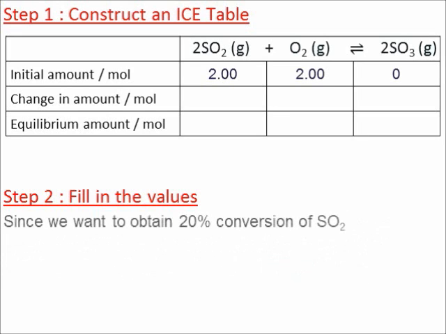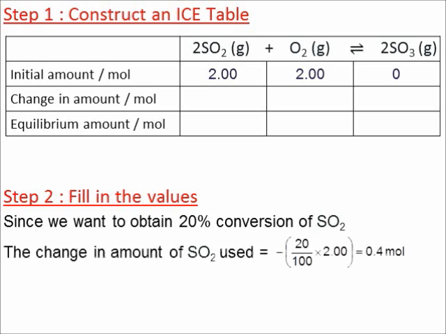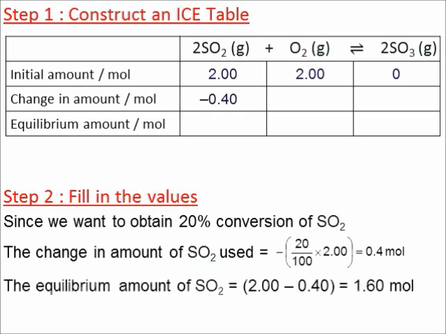The question says to obtain 20% conversion of sulfur dioxide. 20% of the initial amount of sulfur dioxide is 0.4 moles. This means 0.4 moles must be used up at equilibrium, and that there must be a change of minus 0.4 moles. The amount of sulfur dioxide at equilibrium is therefore 1.6 moles.